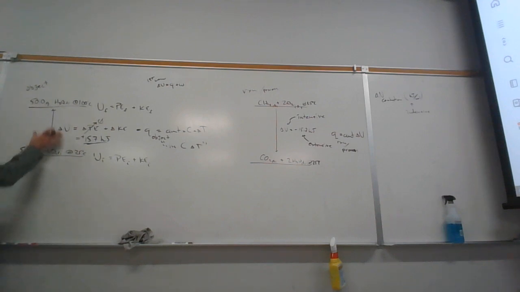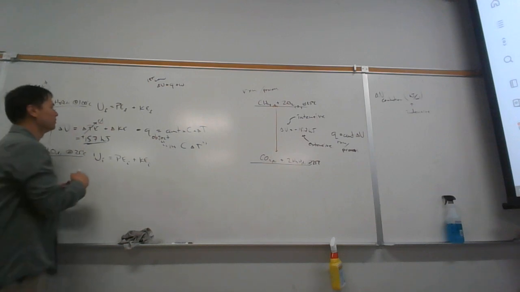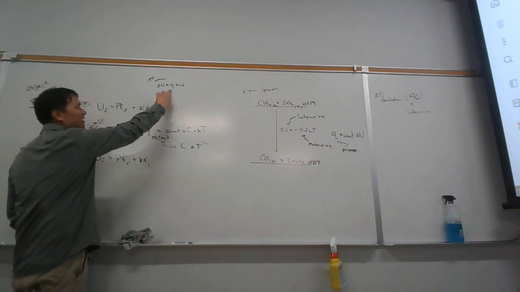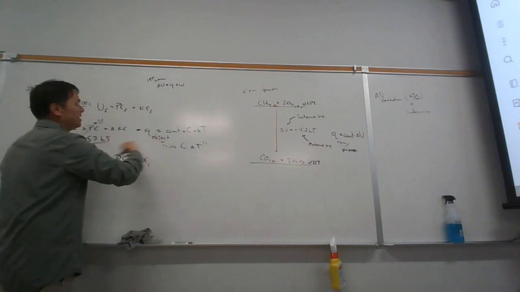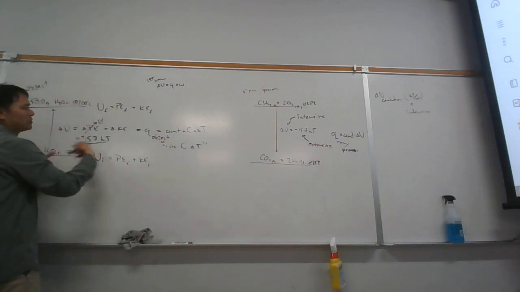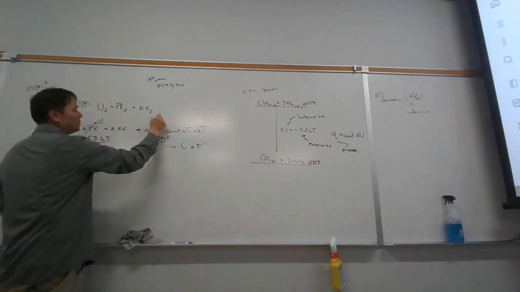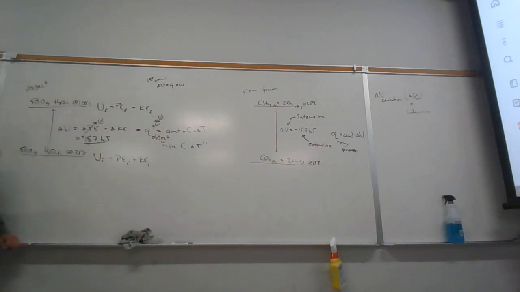So when we heat up water, did we do any work, or did water do any work? In this case, there was no work done. And so when we're looking at delta U here, delta U is actually equal to the energy exchange in terms of heat and or work. In this case, there's no work done. And so really there's a plus W here, but this plus W is 0 here.